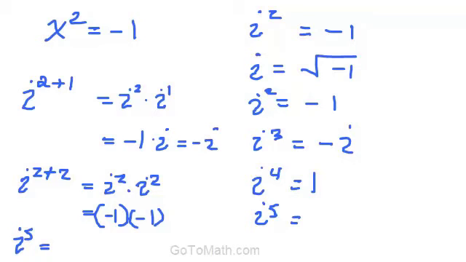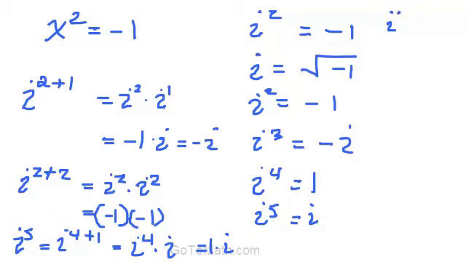So we write i to the 5th as i to the 4th plus 1, which is i to the 4th times i. And what is i to the 4th? i to the 4th is 1, and 1 times i is just i. You see that?